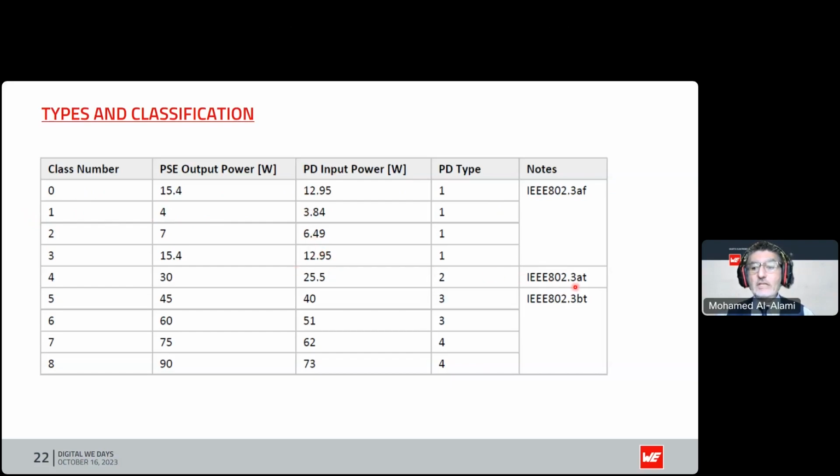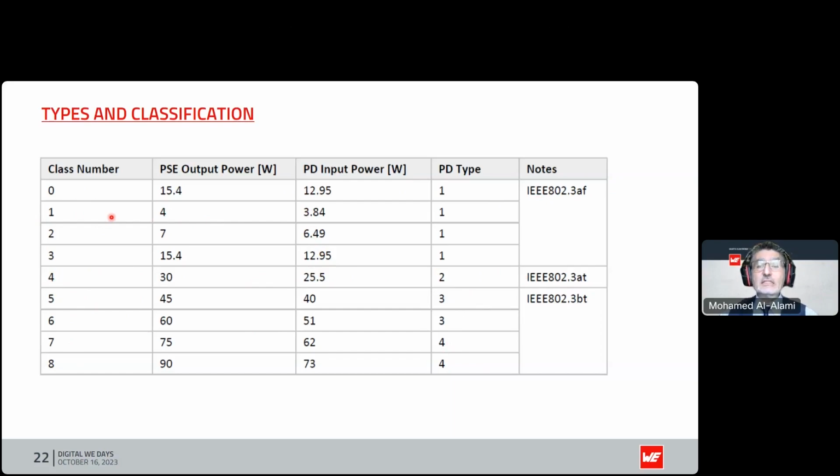And once the .AT was introduced to increase the power to 25 watts, now we have a class associated with that, that's class 4. And the .BT, the last type, which is types 3 and 4 that were introduced in that standard, now we've got 5, 6, 7, and 8.